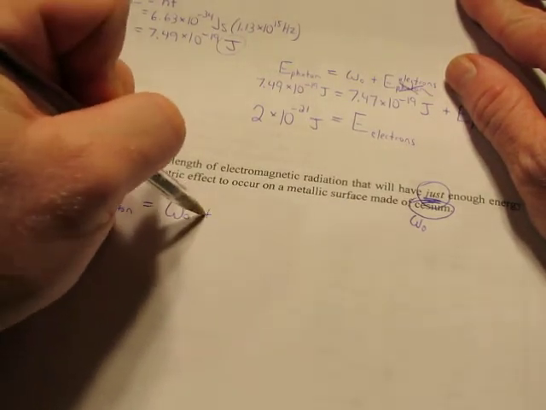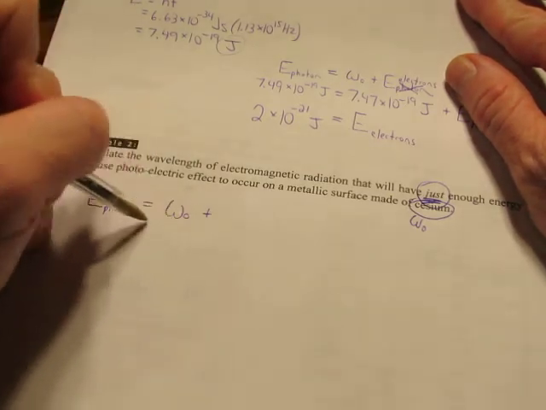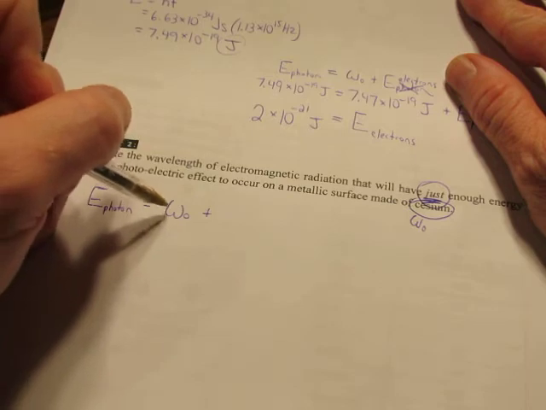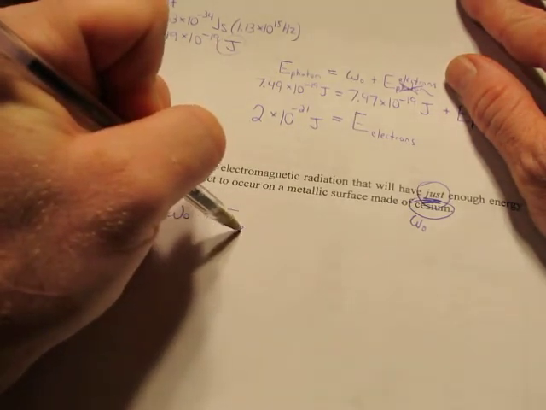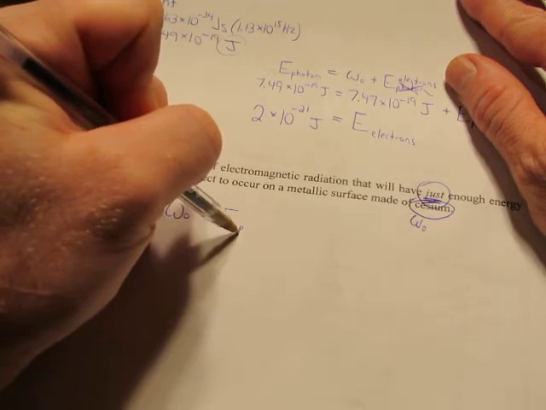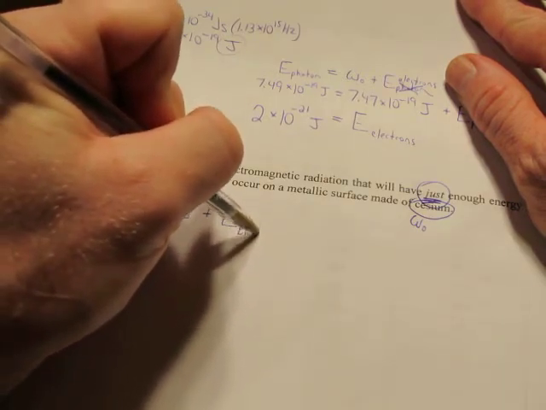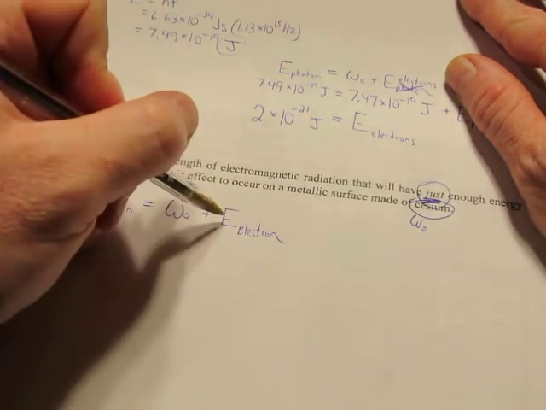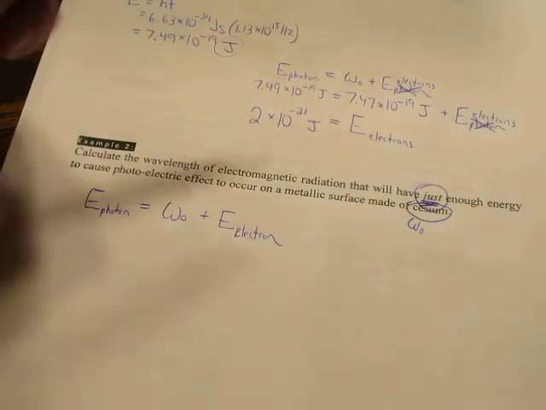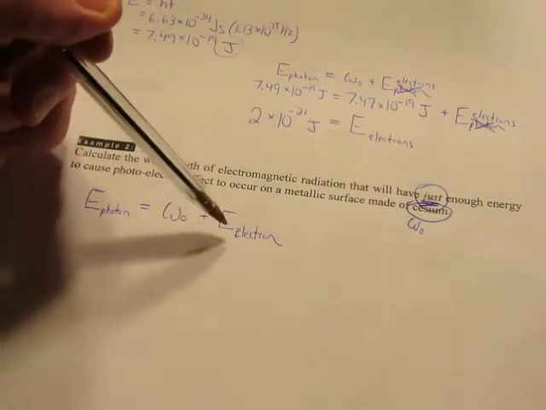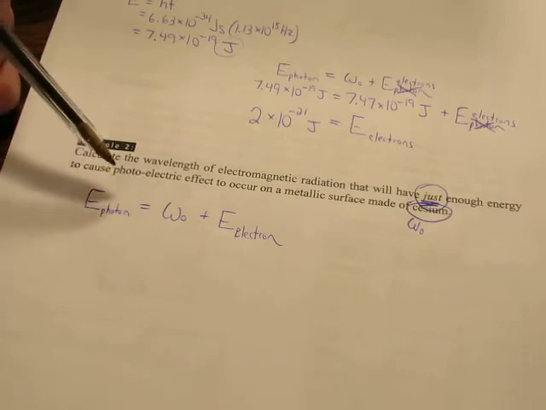Here's our situation. You've got photon energy coming in. The metal itself absorbs energy due to its work function. And then if you overcome the work function, and I almost wrote the word photon again, if you overcome the work function, the energy that's left over will eject electrons with varying amounts of energy depending on how much energy was used in the beginning.